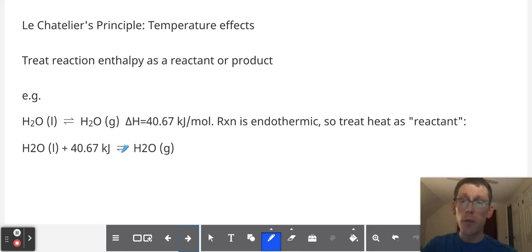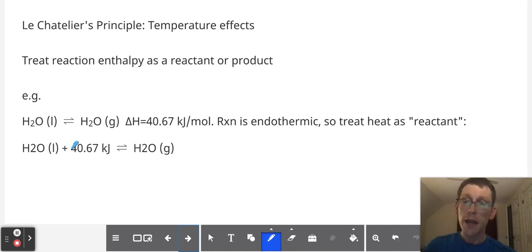So let's say that we've got water at equilibrium with steam. We know that water, when it boils, that is an endothermic process because bonds are being broken. So what we can say is that this 40 kilojoules per mole that are required to make water vaporize, also known as the heat of vaporization, that energy can be treated as a reactant because it's put into the water.